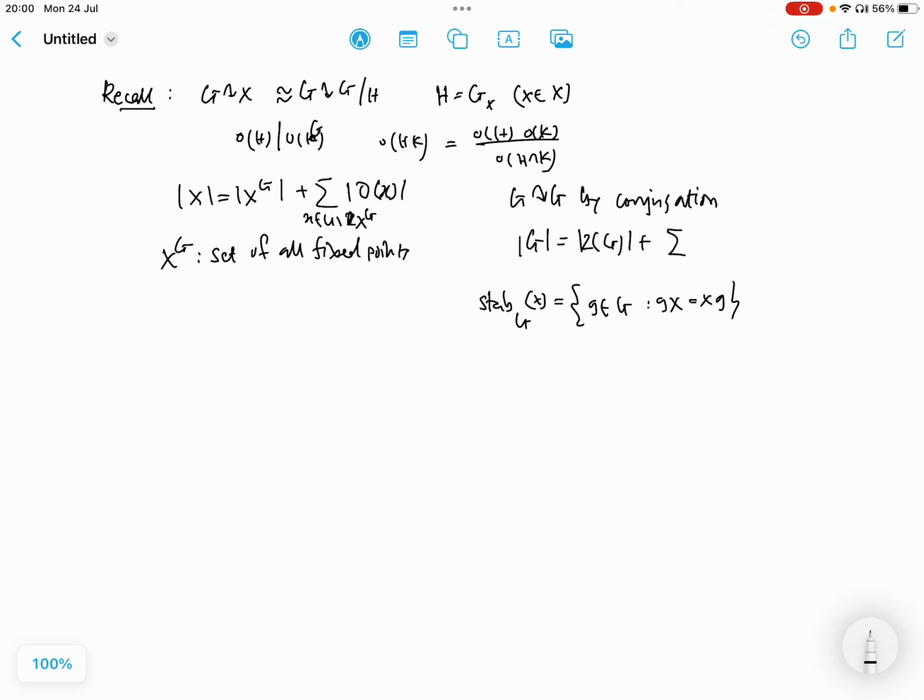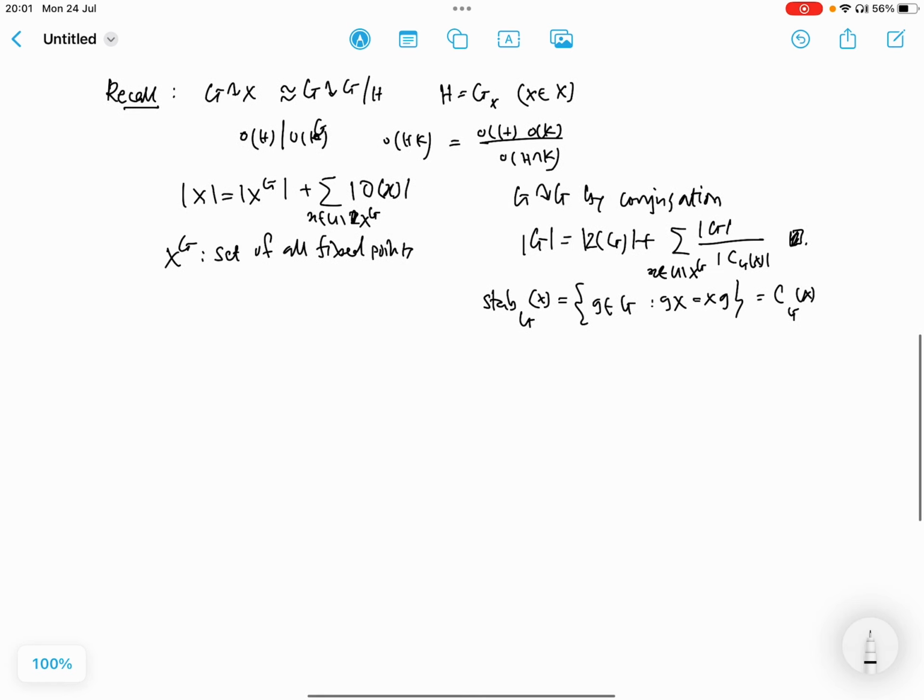And for the rest of the elements, I can use the orbit stabilizer theorem. So the cardinality of the orbit of x will then be the order of G divided by the order of the stabilizer of x. But the stabilizer of x is just the centralizer of x in G. So this is your class equation that you all are familiar with. This is the class equation for a group.